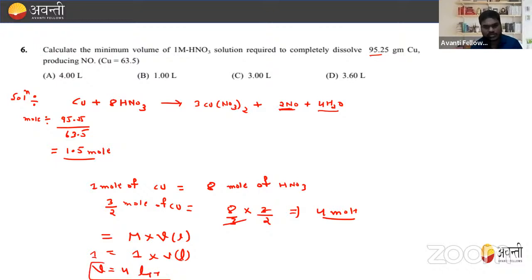So this is the correct answer. I hope this is clear to you. Clear, everyone understood? Okay, so the volume is nothing but 4 liter. So 4 liter is the correct answer for this question.